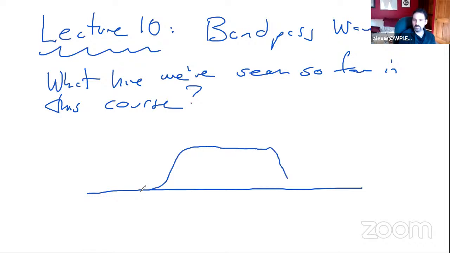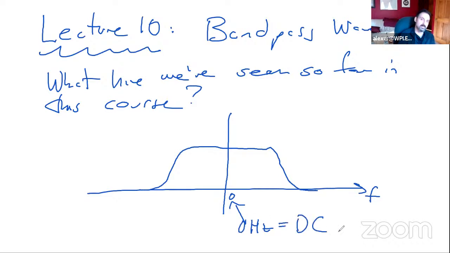We've seen raised cosine shapes in the frequency domain centered at 0 hertz, which we call DC, right? Another way of saying it is these signals, these waveforms, if there was a carrier, would all be located at 0 hertz.